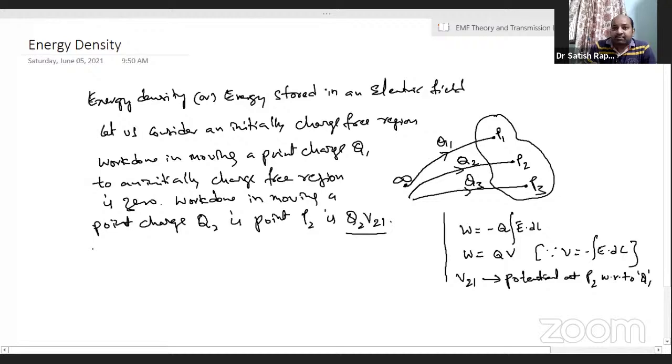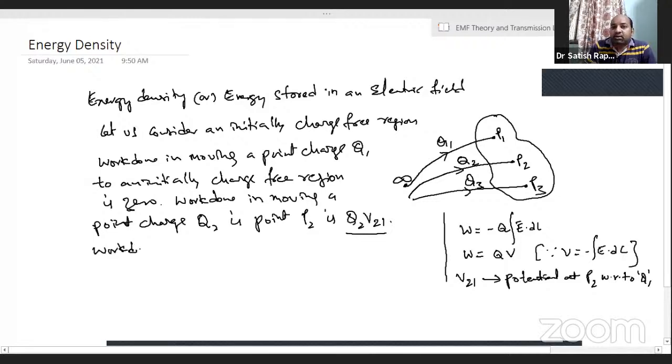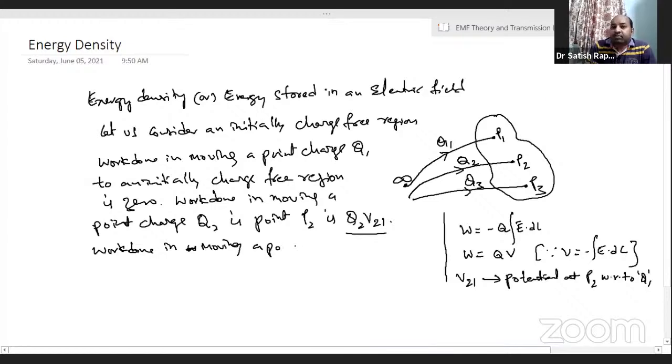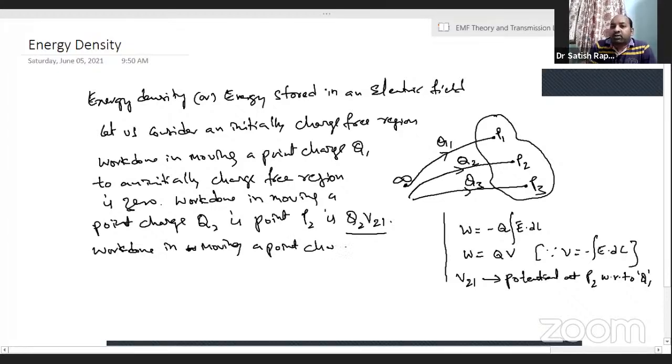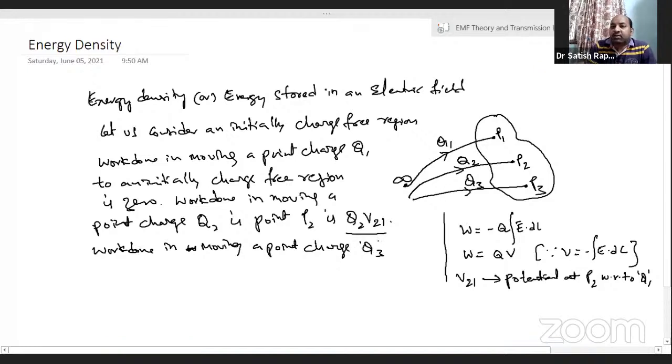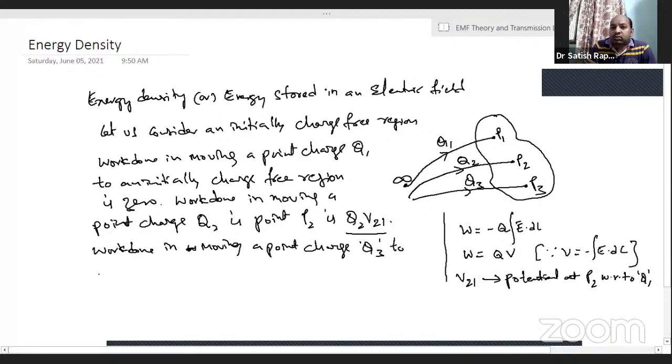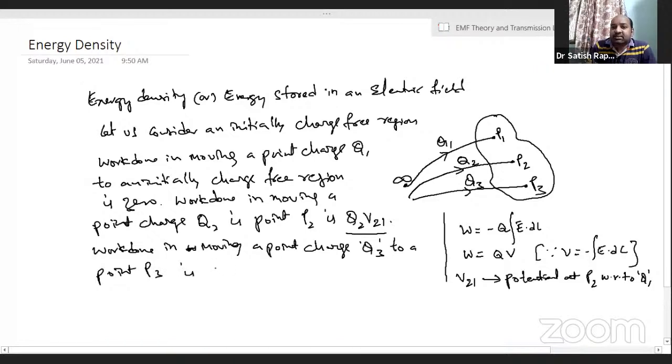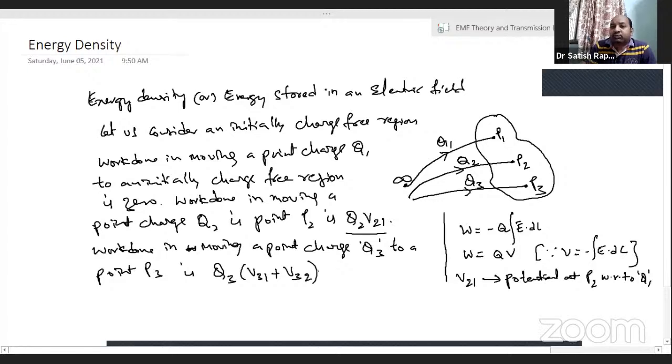Then the work done in moving a point charge Q3 to point P3 is Q3 times (V31 plus V32), right?